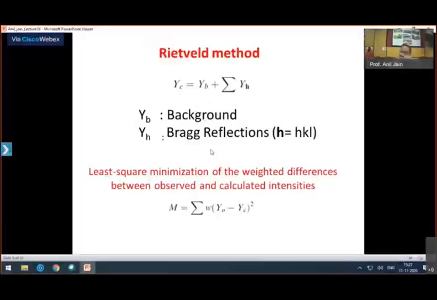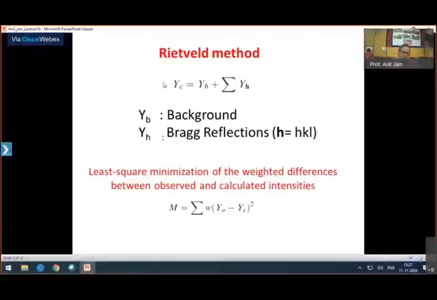So in the Rietveld method, what we do is we try to calculate the pattern at each point where you have recorded your experiment. Suppose you have intensity versus 2 theta, and you have recorded your X-ray or neutron diffraction pattern at a step of, let's assume, 0.02 degree or 0.05 degree.